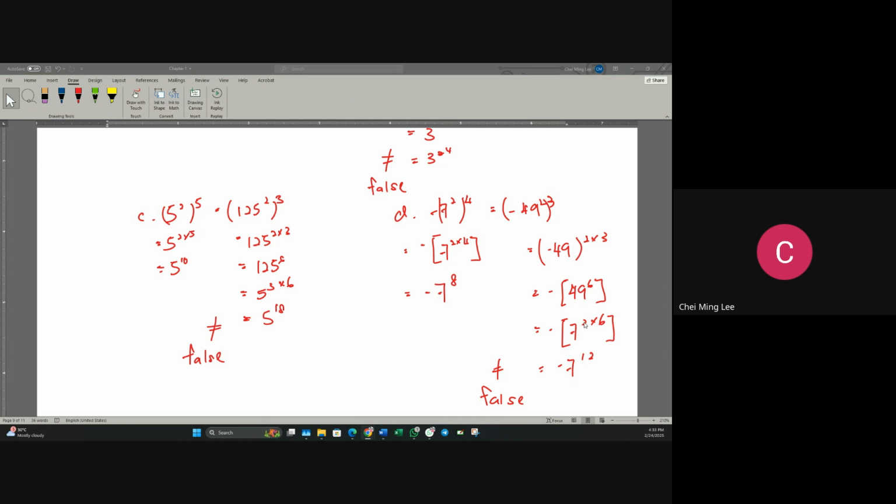Yes, you need to change it. Normally, because left and right, the base is always the same. Like this one, the base is 7, right? So normally this one also base is 7. Done?